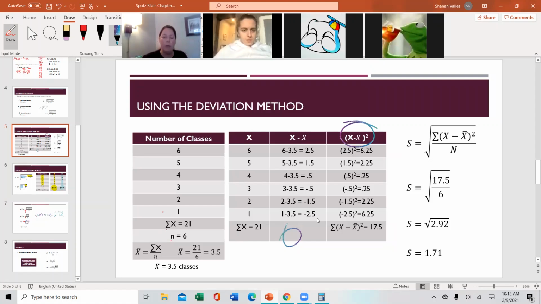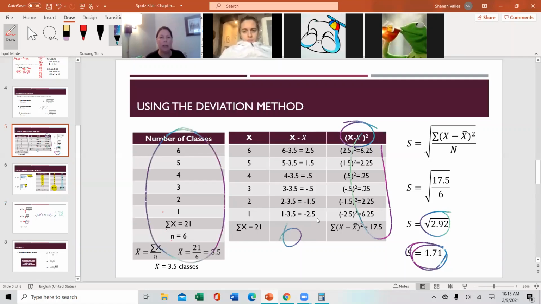When we square them, we make these numbers kind of big. Then when we take the square root, it gets rid of the square because those are opposites of each other. And so we get a smaller number that makes more sense with the data we're looking at. So for example, if we go back to what in the world were we talking about? We were talking about number of classes.